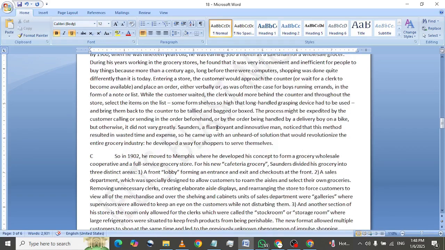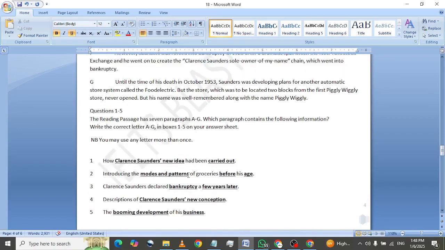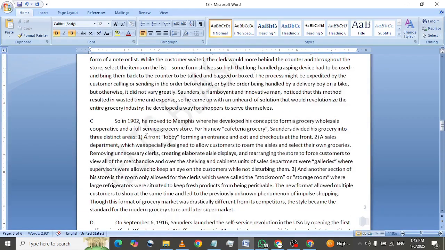Okay, it's not there. Let's check paragraph C. Don't forget, the keyword we are scanning for here is Clarence Saunders' new idea carried out. How did they carry the new idea out is what we are looking for.